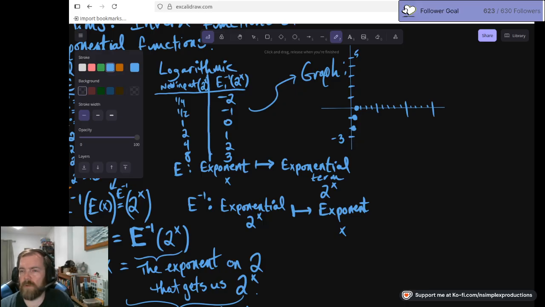When y is 1, x is 2. When y is 2, x is 4. When y is 3, x is 8. And if we feel like it, when y is 4, x is 16. Give or take.